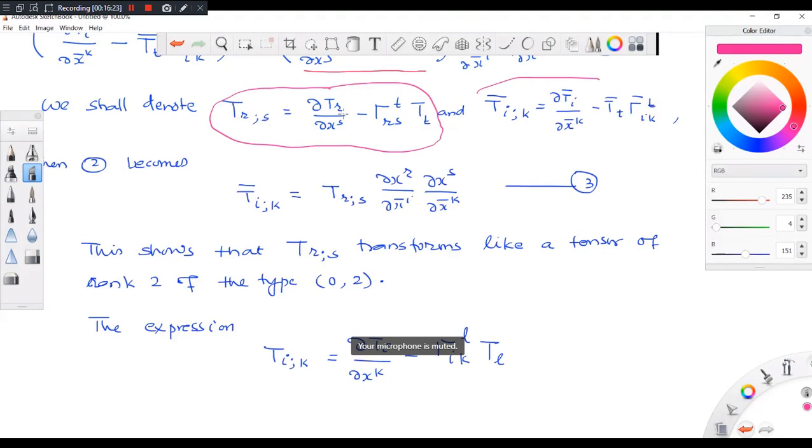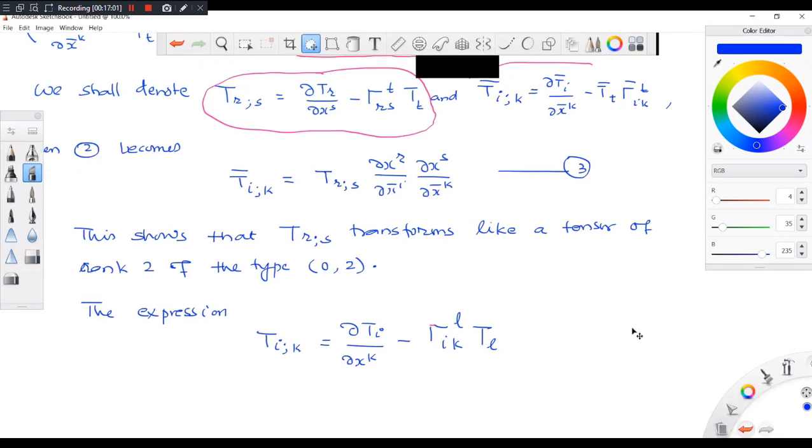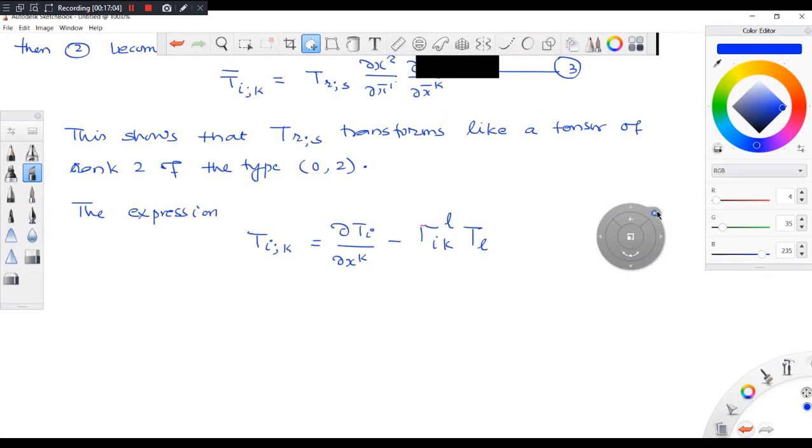Then del t_i by del x^k will come. Then we will get this expression. Okay, so i k comes here. It's a kind of usual differentiation, partial derivative. That is to be subtracted by gamma^l_ik t_l. So this i and k will come here. Whatever l is written here, that is to be written here. So that way, this expression is the same as this expression. Only thing is that I have changed the suffixes and superscripts. That's the only thing.